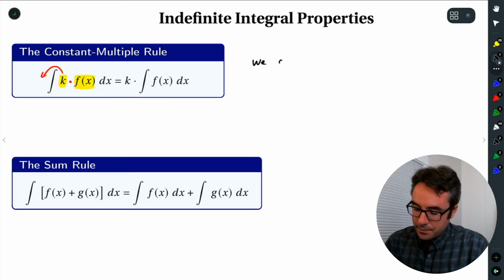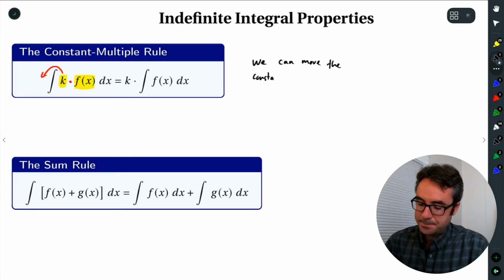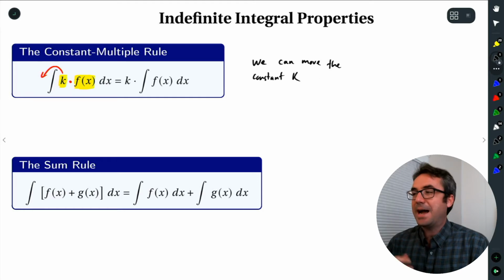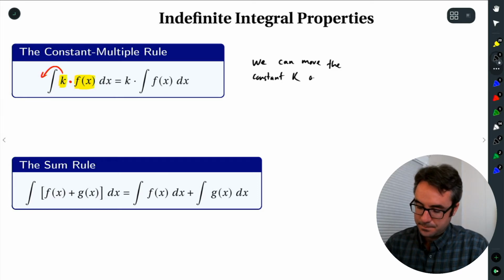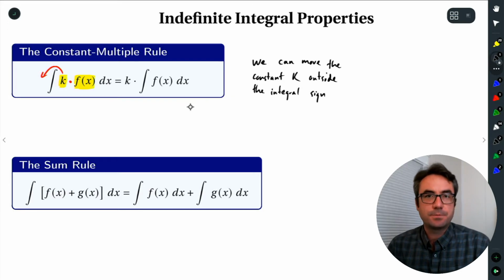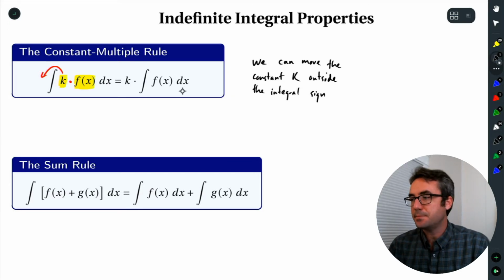So we can move the constant k outside of the integration sign. That's what this first property rule says.